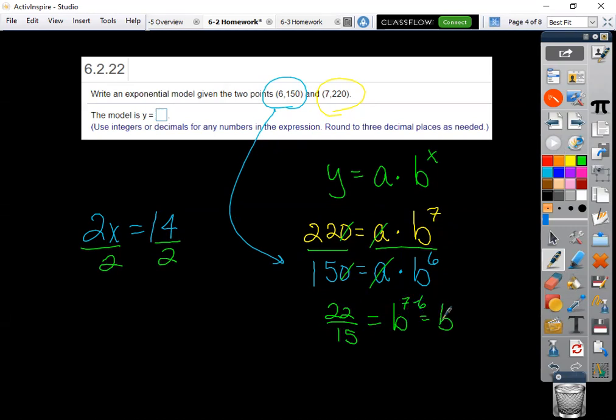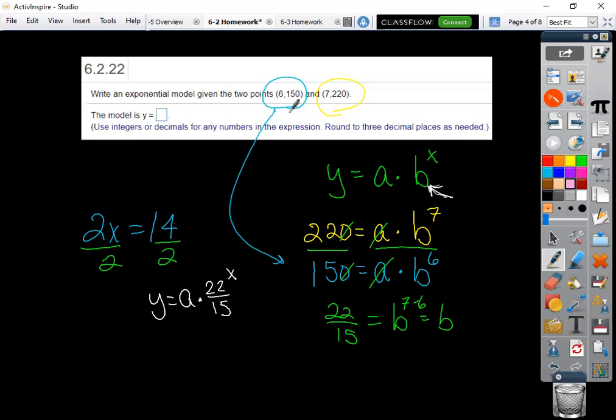So I know my b right now. This b right here is my 22/15. So now I know this much of the equation, y equals a times 22/15 to the x. Then you take either one of the original points, your choice.